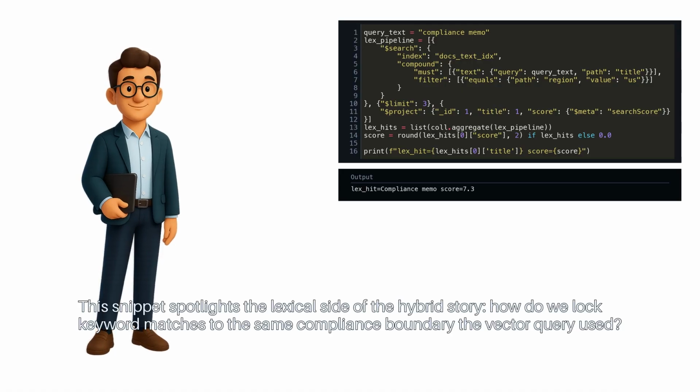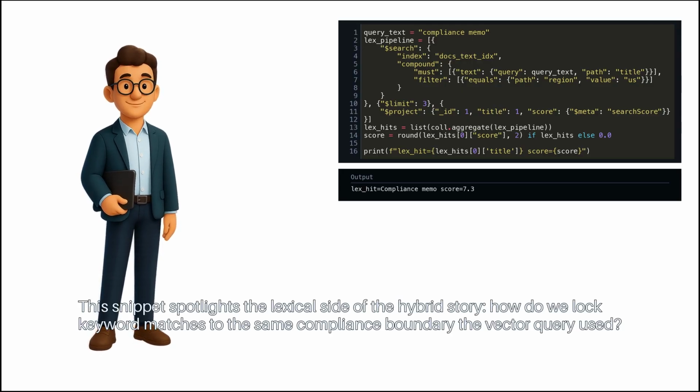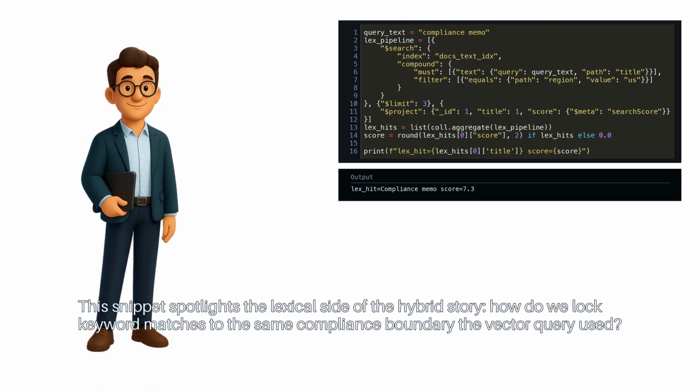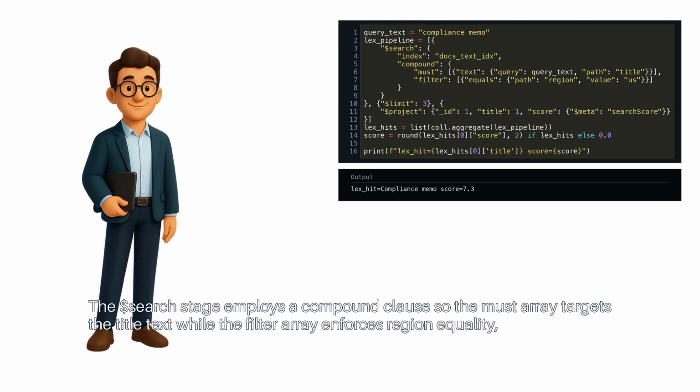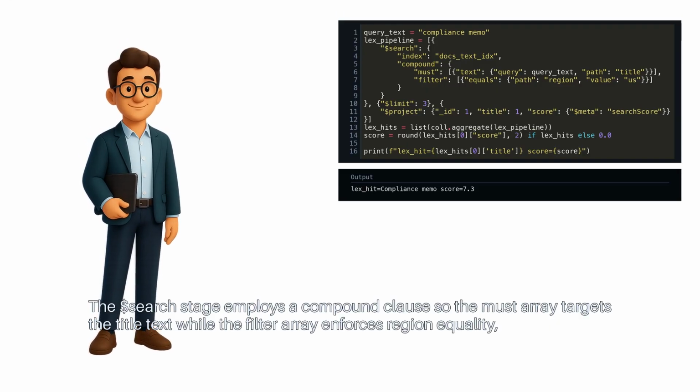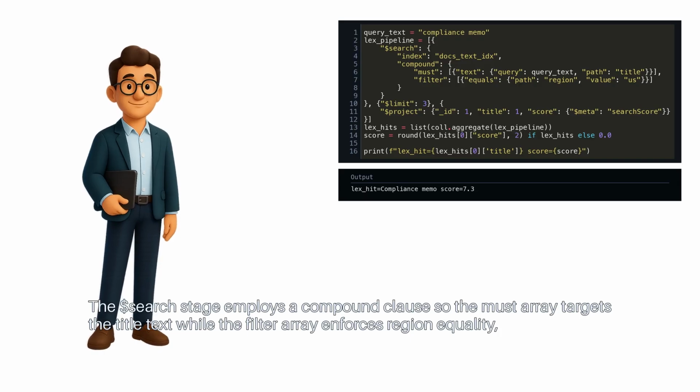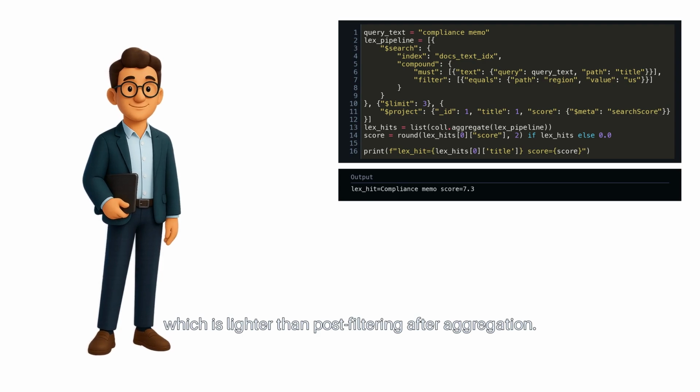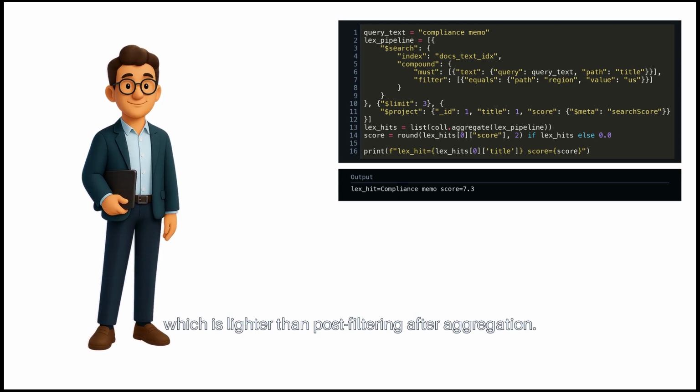This snippet spotlights the lexical side of the hybrid story. How do we lock keyword matches to the same compliance boundary the vector query used? The $search stage employs a compound clause, so the must array targets the title text, while the filter array enforces region equality, which is lighter than post-filtering after aggregation.